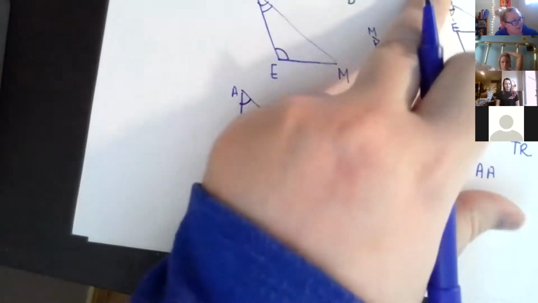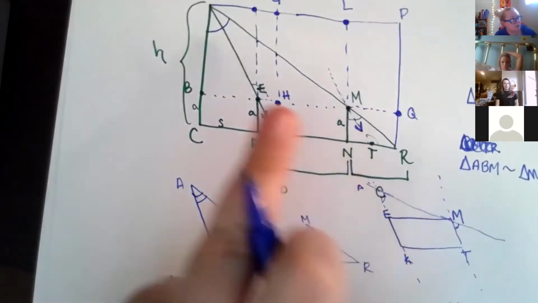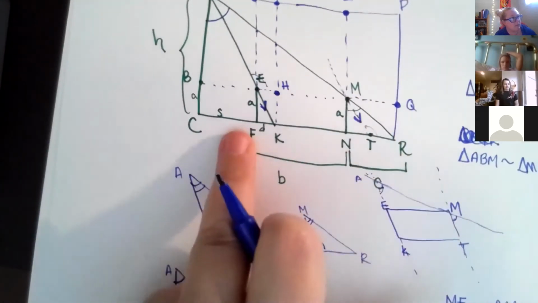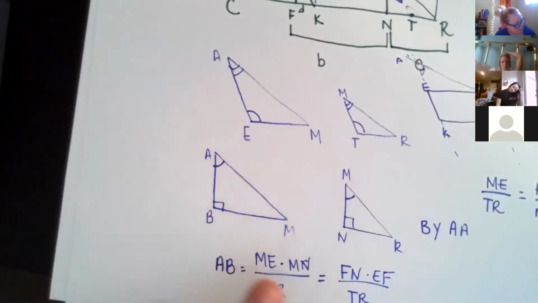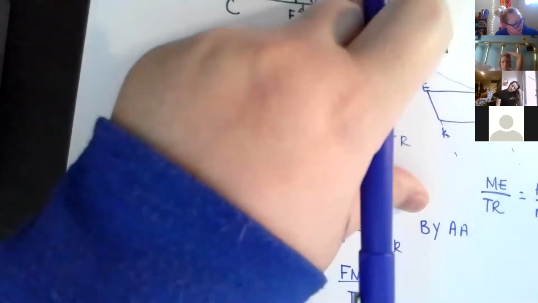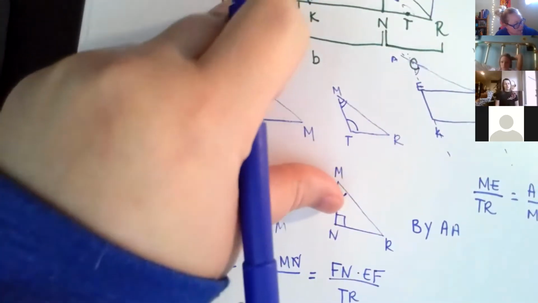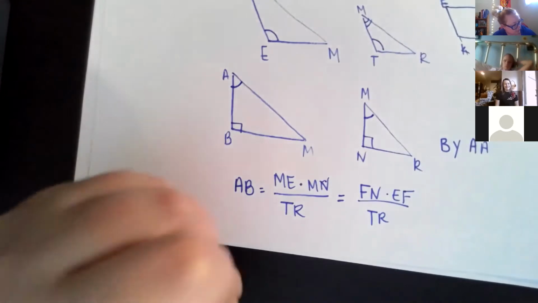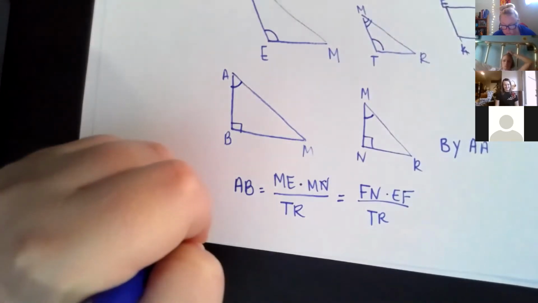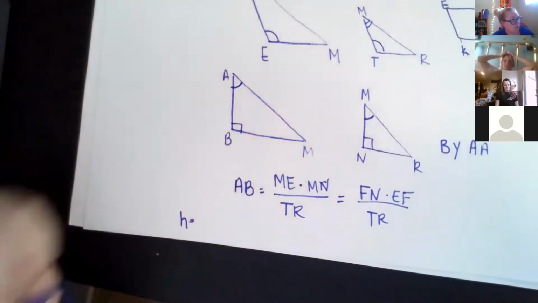Well, there's ME and FN, so those are going to be the same, right? Because it's a rectangle in there. Yep. And then MN is this piece, so that has to be equal to that piece. Yeah, now I believe them. All right. And we know H, that distance.